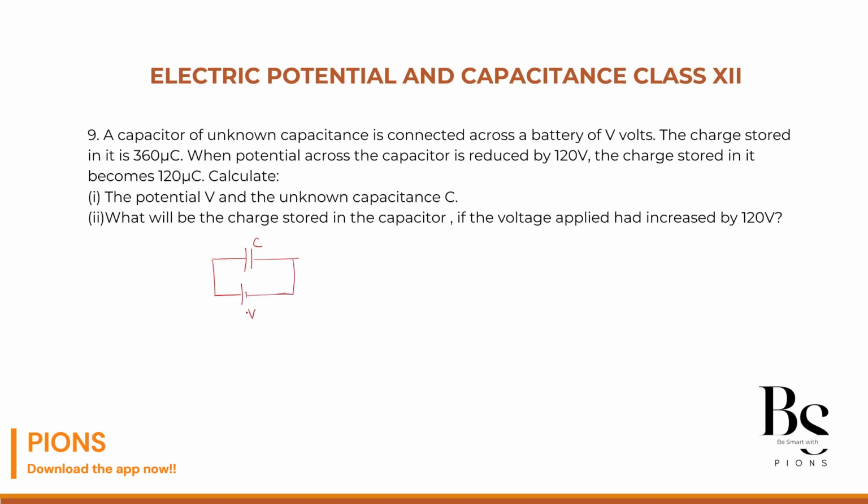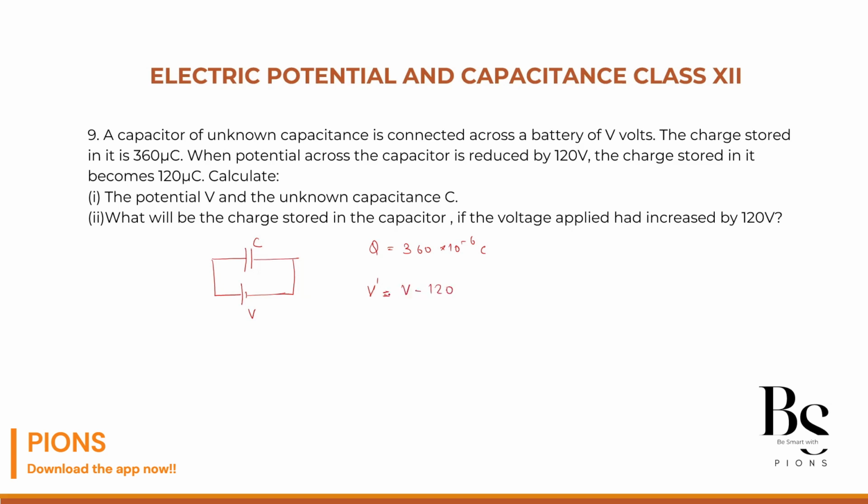The charge stored in it is 360 microcoulomb. So Q is 360 microcoulomb, 10 to the power minus 6 coulombs. Great. Which is the charge stored in this capacitance. When the potential across the capacitor is reduced by 120 volt. So now it is V. New voltage will be V dash, that is V minus 120.